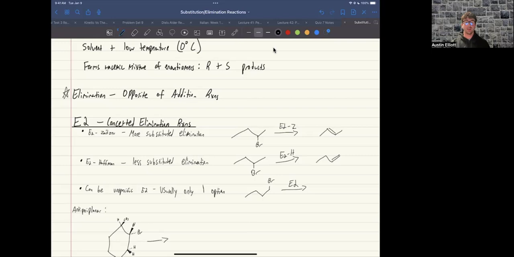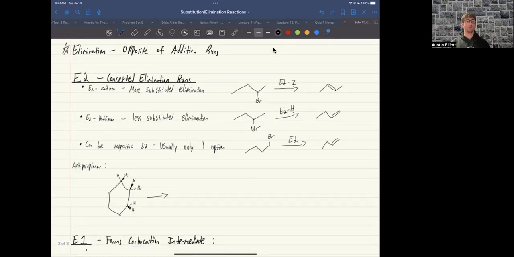In this case it looks like a Hofmann elimination because it's not on the more substituted carbons, but it's not Hofmann. It's just the only way it can eliminate, and it's going to look like that. So just be able to recognize which bases do what eliminations off of what type of alkanes, very important.